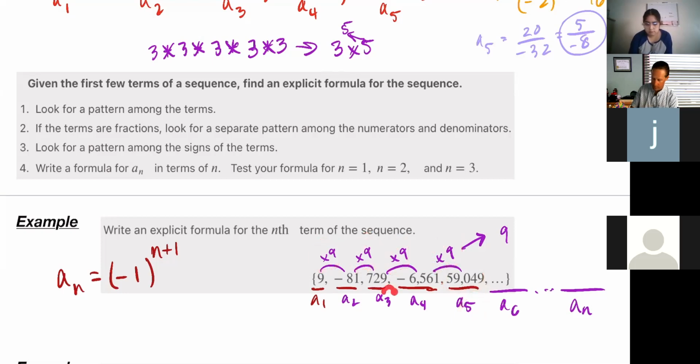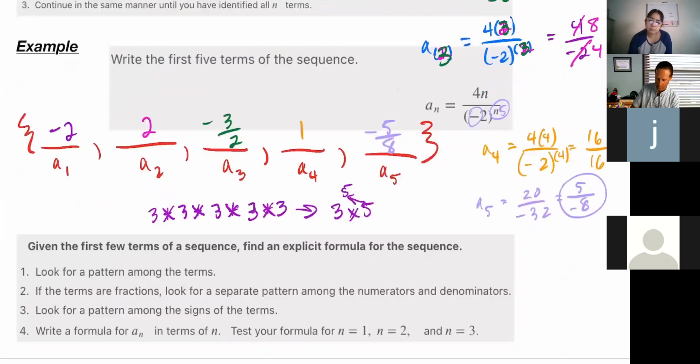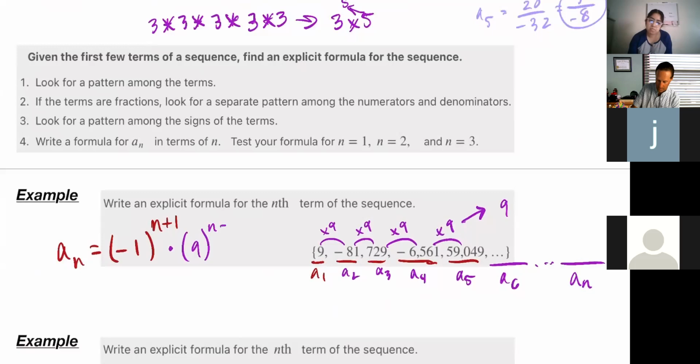How many times would we have to do it to get to the third term? 2. One less than the amount of times you actually need to get there. Very good. So we would have n minus 1 for that 9. And could we just kind of smash these together and just put a negative 9 there?